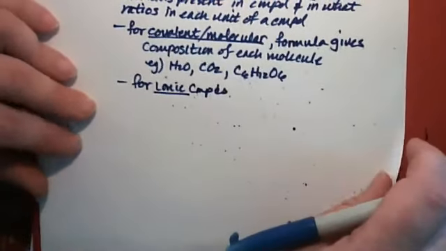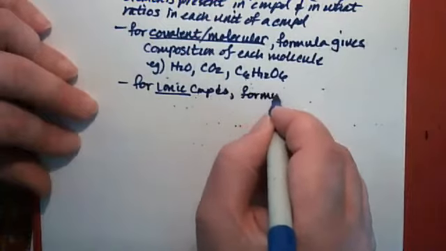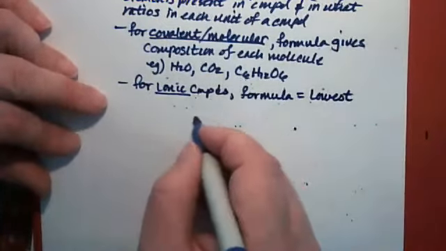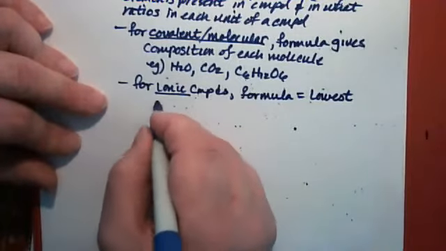So for ionic compounds, on the other hand, the formula is actually the lowest whole number ratio of positive to negative ions.